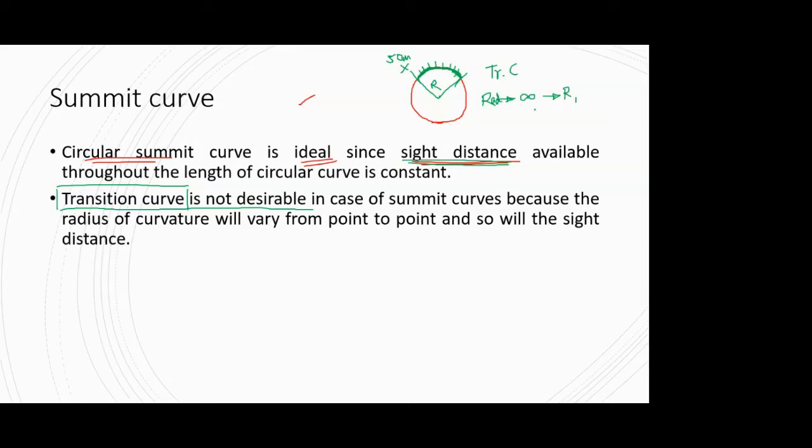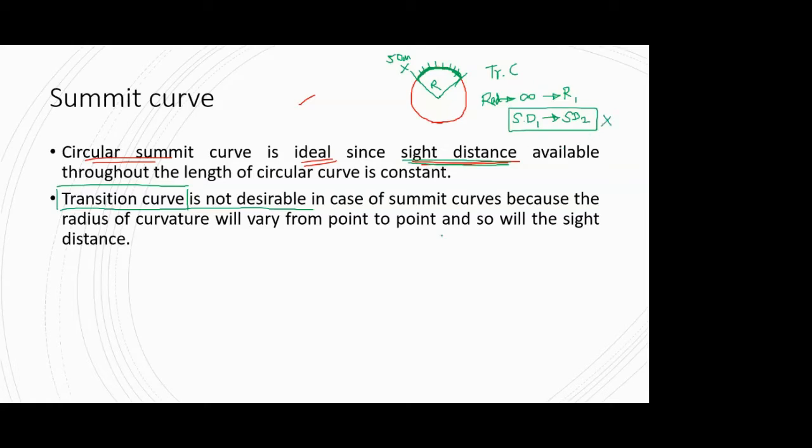So if the radius is going to vary, then the sight distance that we are considering is also going to vary. You might have some sight distance when the radius is infinite and another sight distance when the radius is r1. In that case there will be complication, and you don't need such variable sight distances.